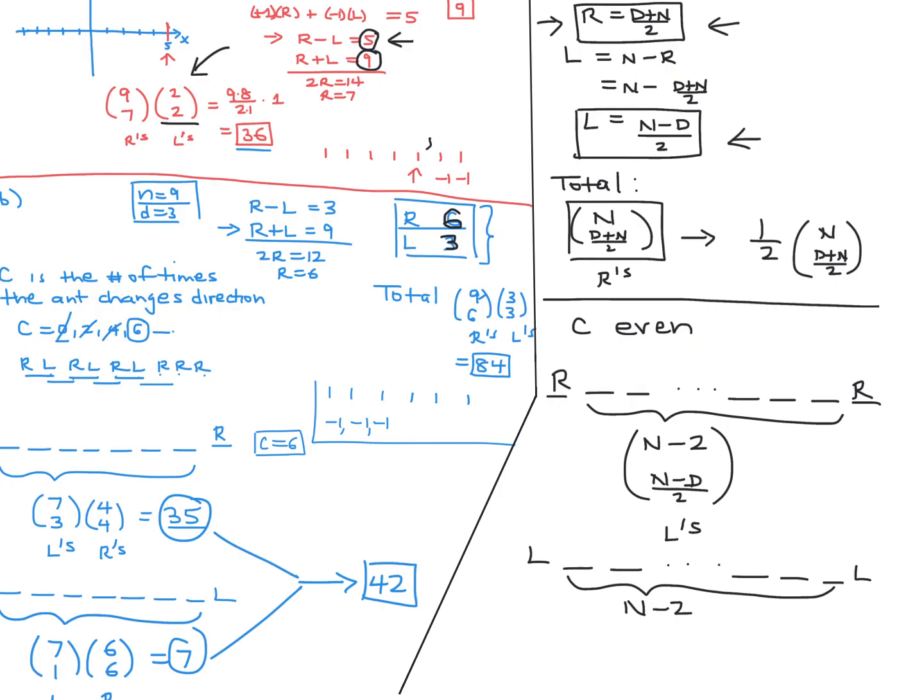Now, how many L's are there? Well, there's this many L's total, but I've already placed 2, so that minus 2 for the L's. You got it? So n minus 2 choose n minus d over 2, and then n minus 2 choose n minus d over 2 minus 2.